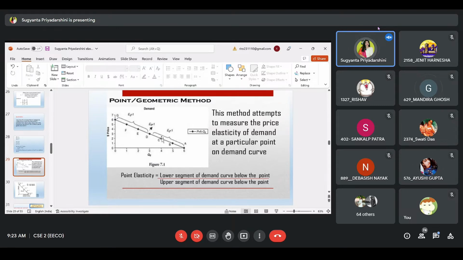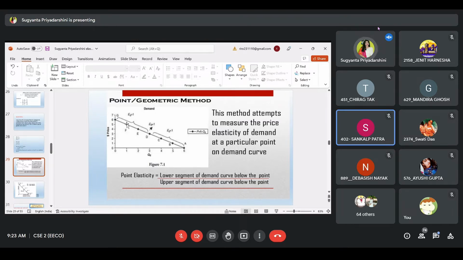So the lower segment is CA and the upper segment is CG. Which one is greater, numerator or denominator? Denominator. If the denominator is greater than the numerator, will it be less than 1 or greater than 1? Less than 1. That's why here our elasticity is less than 1.